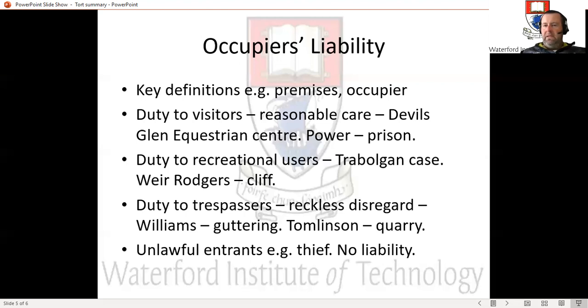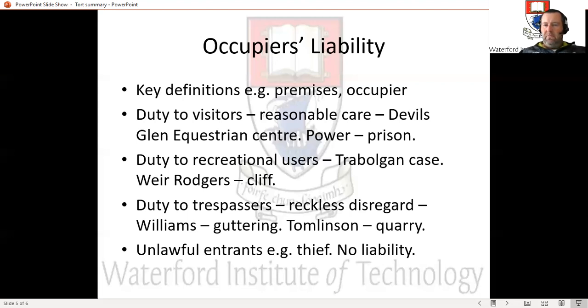And he wasn't considered to be a visitor due to the signage, as he wasn't meant to be there and doing what he was doing, so he was considered to be a trespasser. And again, it would be argued that Tomlinson acted with disregard for his own safety in diving in a place where he shouldn't have, rather than the quarry occupier being liable.